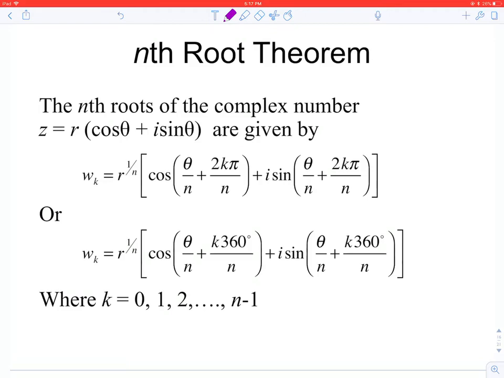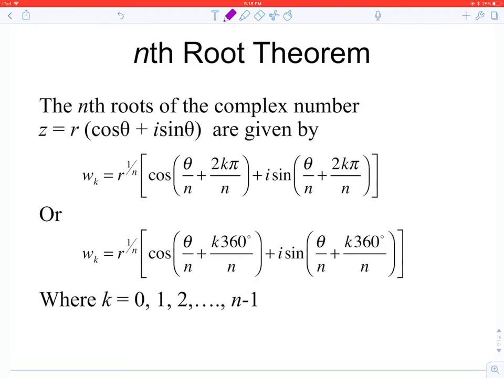And again, in class I derived the nth root theorem, and it's in the notes. If you have questions about it, let me know. It looks complicated, but it's really not that bad. So we're going to treat k like an index, where k is going to be 0, 1, 2, so on up to n minus 1. So depending on the number of roots that you're trying to find for the complex number, it will determine the values of k.